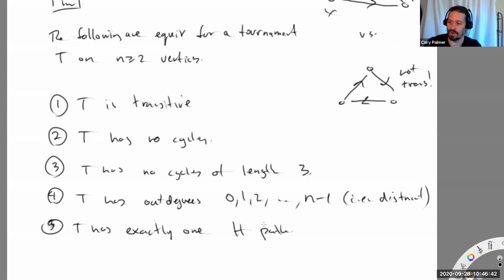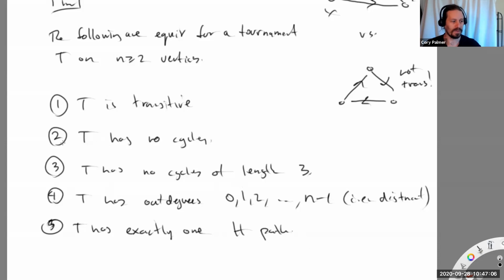The end of the path might be the champion, and the beginning of the path might be the worst loser. This is also interesting because what we saw in Szele's theorem is that on average you have tons of Hamiltonian paths in a tournament, but there do exist those with exactly one. Transitive tournaments have exactly one Hamiltonian path. They don't have a Hamiltonian cycle, obviously, because they don't have any cycles at all.